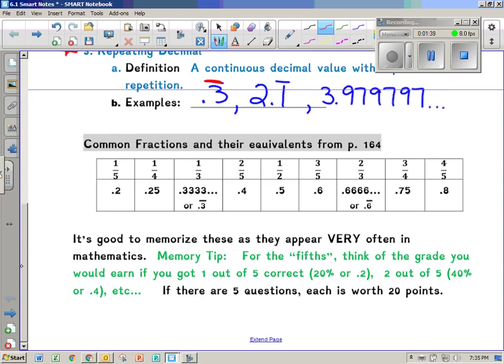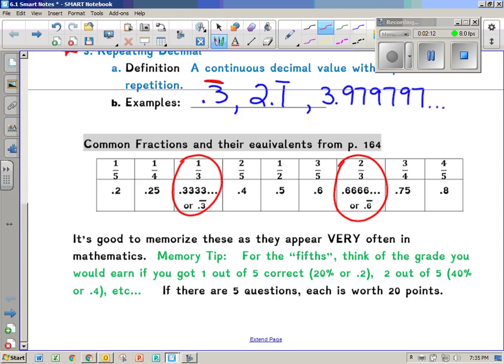So then you're going to see a little table here. These are just a few common fractions and their decimal equivalents, and they are ones that I suggest you memorize, and anytime you have to utilize these on any kind of assessment, for me, no work is necessary. In particular, 1/3 and 2/3 show up a lot, and there's actually going to be some more repeating decimals that we're going to memorize, and that's on handout number 2.